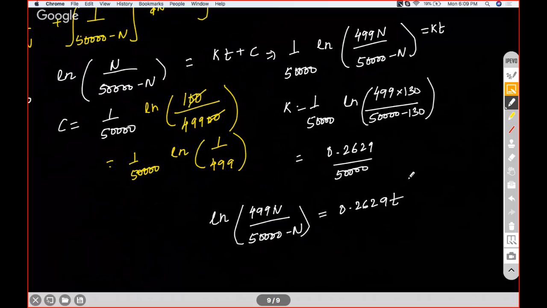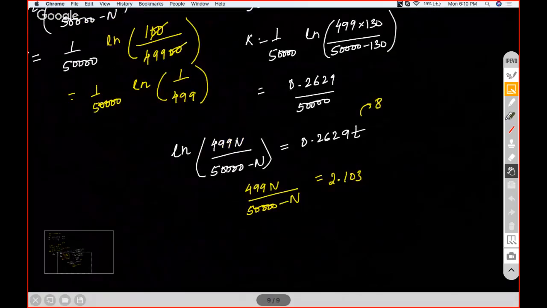And put your t value here as 8. So 499n divided by 50,000 minus n is 8 times this. How much is that? 8 times, 2.103. Correct?